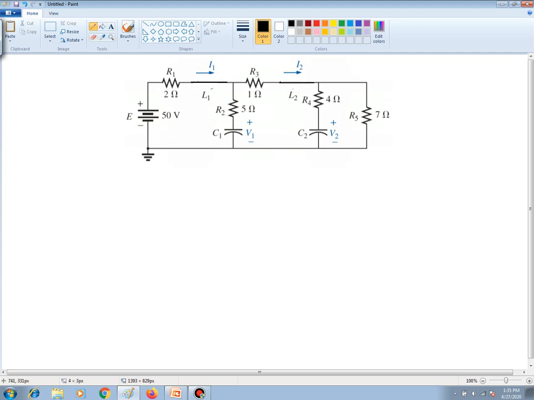There. And now the capacitors are going to be responding as opens. So to take care of that, I will just open the circuit up right here, indicating that it is an open.